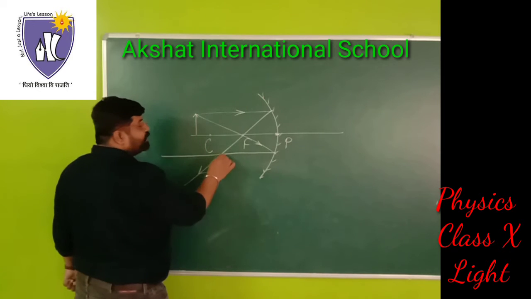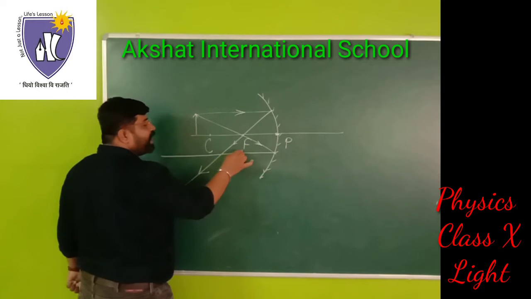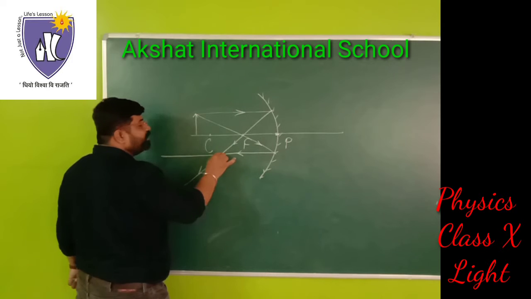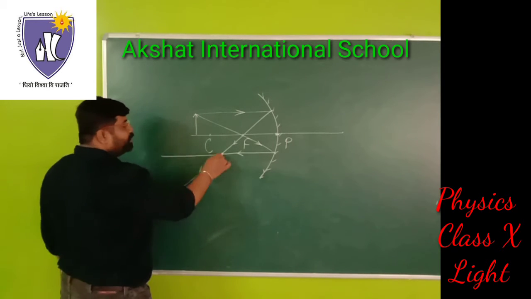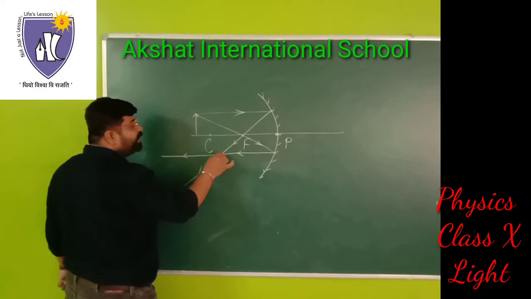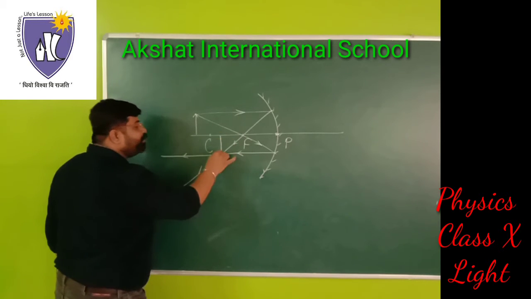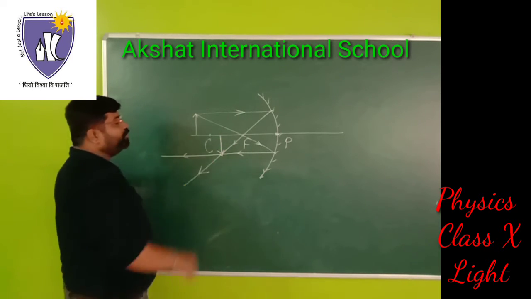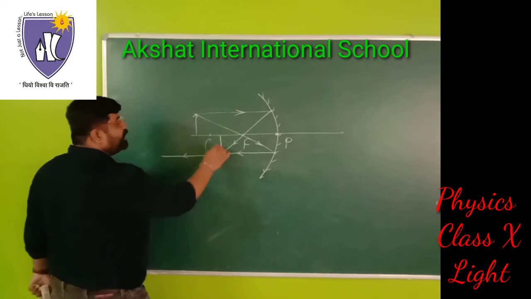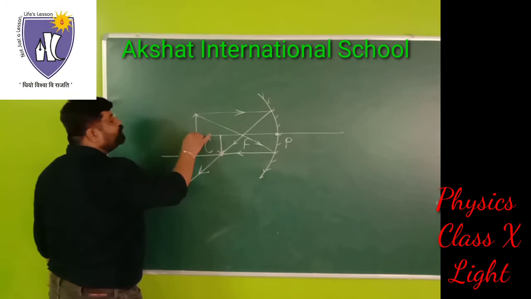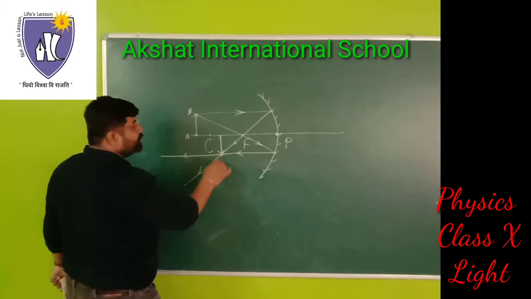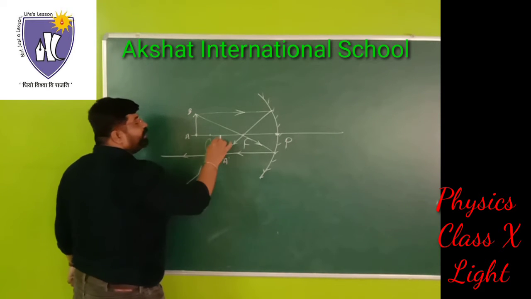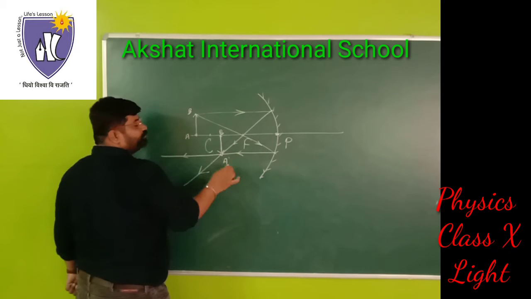Now we'll see that these rays are intersecting each other really. And at the point where the rays intersect really, the image is formed. The image of this object AB is formed here, say A dash B dash.